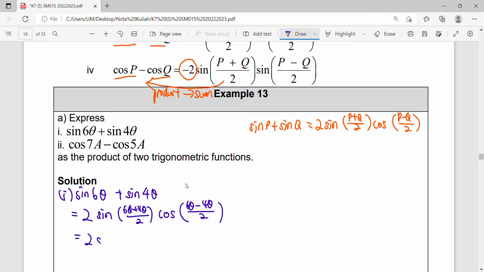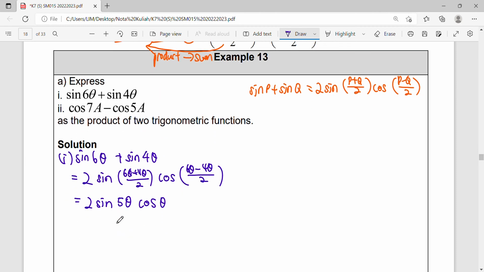Simplify, what's the angle here? 10 theta divided by 2, 5 theta. This one, minus, 2 theta divided by 2, theta. So you can see from 6 theta and 4 theta, you get 5 theta and 1 theta. From the summation, it becomes a product, sine times cos. So this is the pattern of the factor formula.